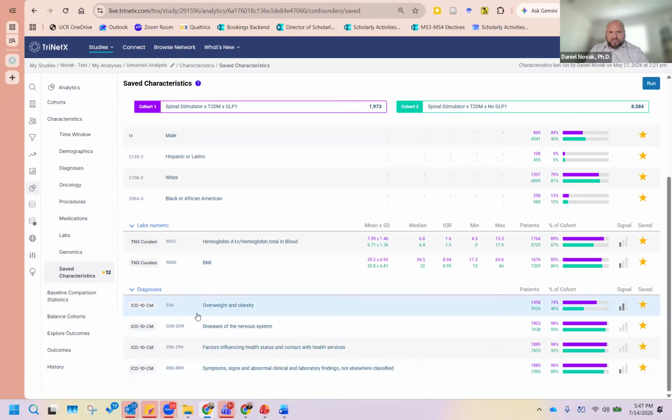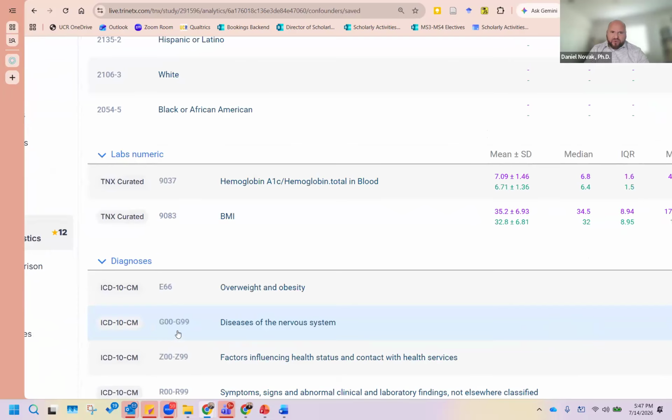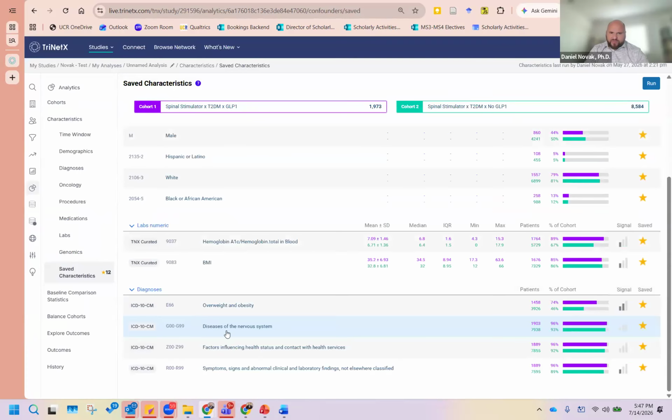So in this case, we chose overweight and obesity. This is, as I talked about last time, at too high a level: diseases of the nervous system from G00 to G99. That's incorrect. You wouldn't want to do that. You would want to pick something at a lower level in that hierarchy. Otherwise, TriNetX will select randomly anything from that pool, and that could include diseases that are wildly different from each other and wildly different in severity that could actually introduce confounders to your study.